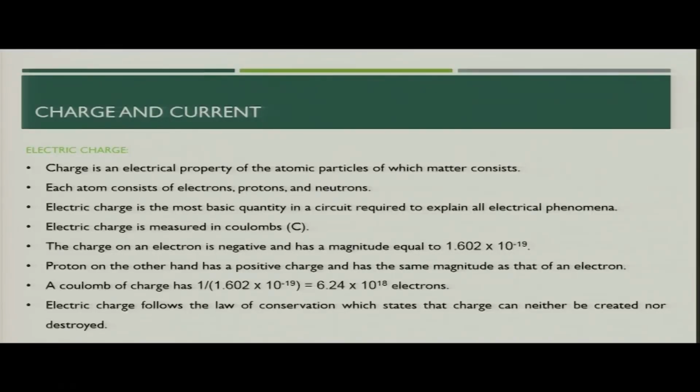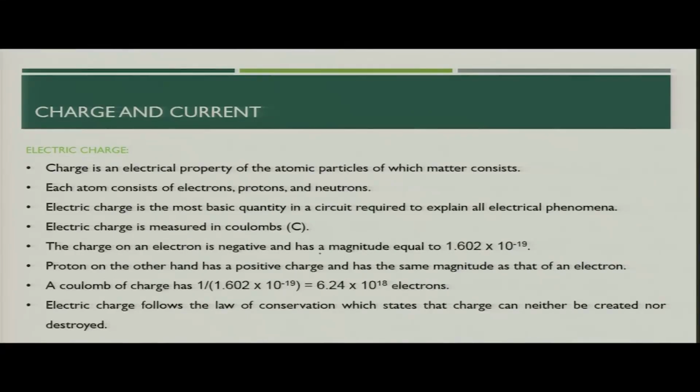So, each atom consists of three major elements: electron, proton and neutron. Electric charge is the most basic quantity in a circuit, required to explain all electrical phenomena. The electron is a negatively charged particle, while the proton is a positively charged particle.